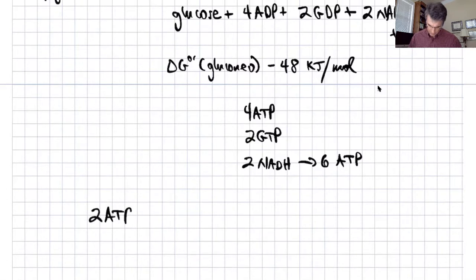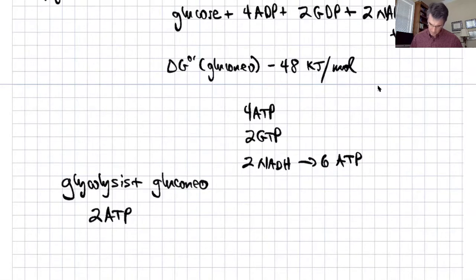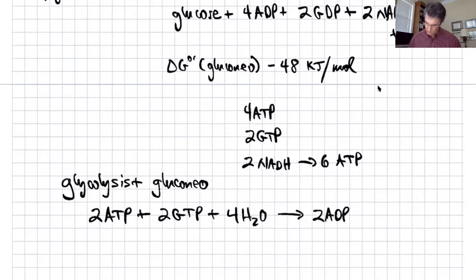Let's write this out. Two ATP plus 2 GTP plus 4 water goes to 2 ADP, 2 GDP, and 4 inorganic phosphate.